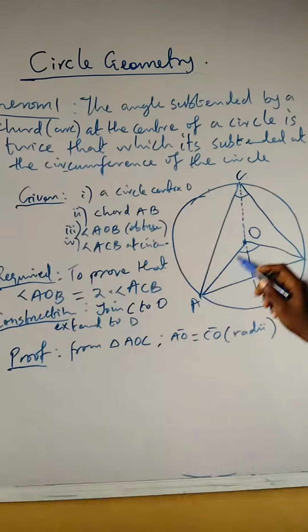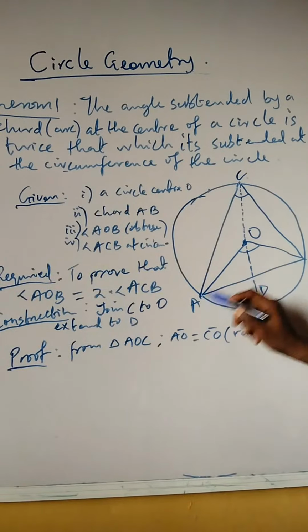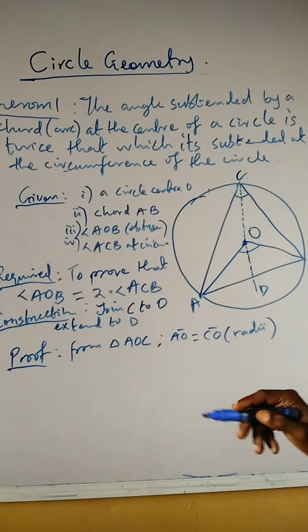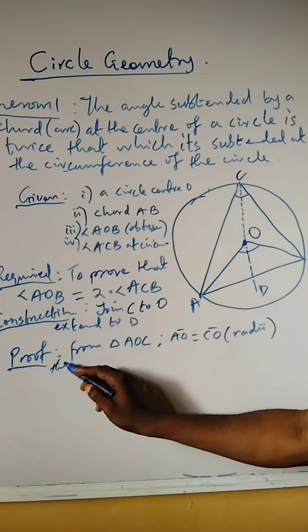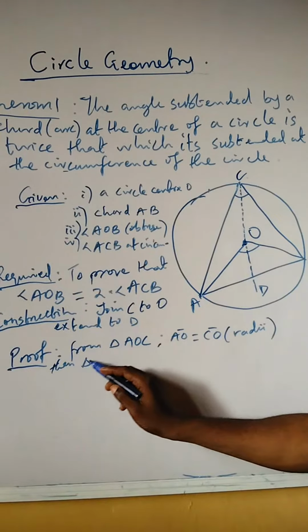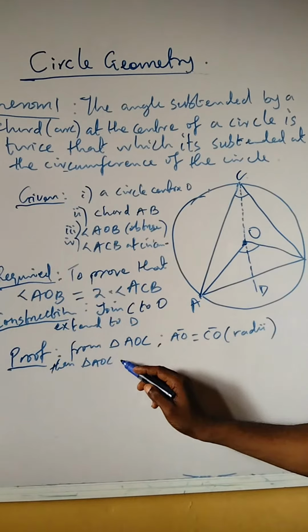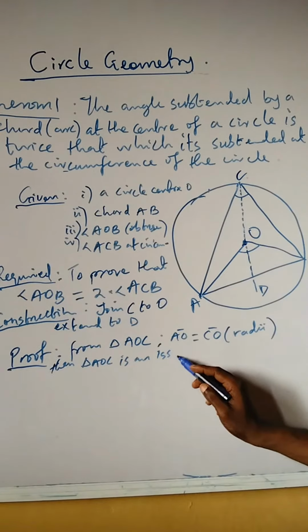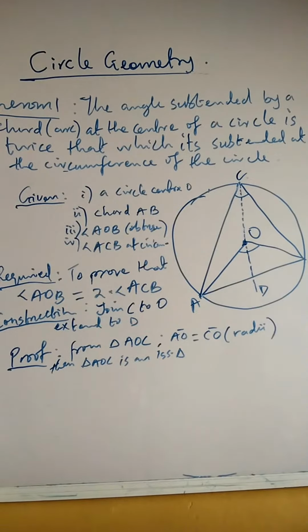Look at it. AO is from the center to the circumference. CO is also from the center to the circumference. So both are radii. Then we can say that this triangle AOC is an isosceles triangle. That's the property of an isosceles triangle. 2 sides are equal.